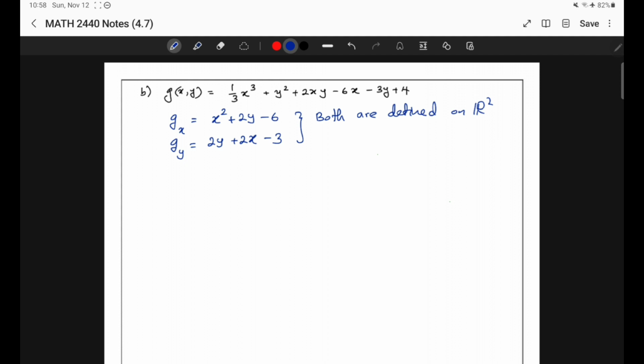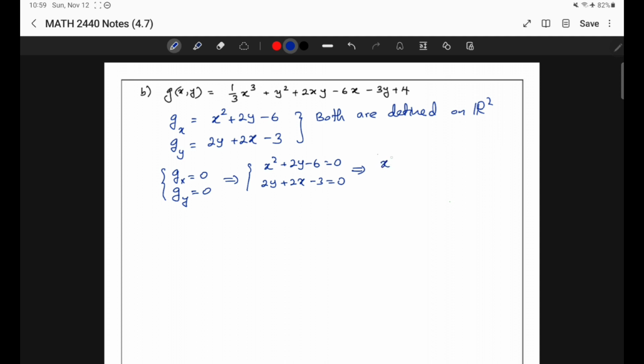So the way to find critical points is, you make them equal to 0. So you get x squared plus 2y minus 6 equal to 0 and 2y plus 2x minus 3 equal to 0. Now we can eliminate 2y just by subtracting them.